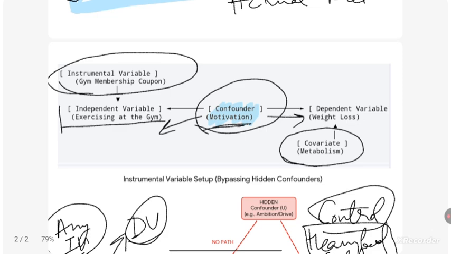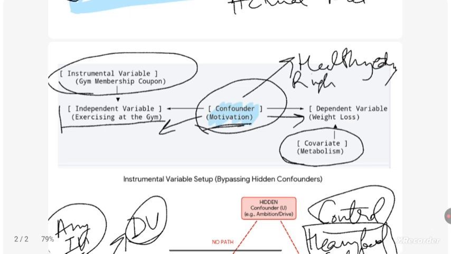Weight loss is not just possible through exercising at the gym. It is also possible through healthy eating habits, a right routine of sleeping, and several other factors affect weight loss.